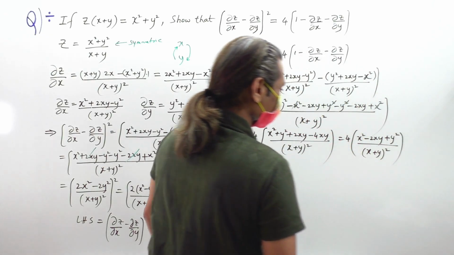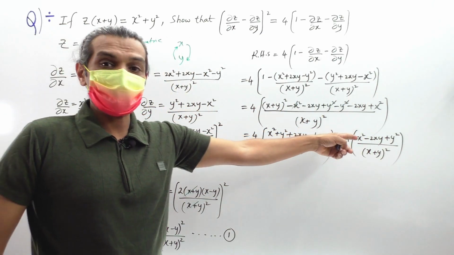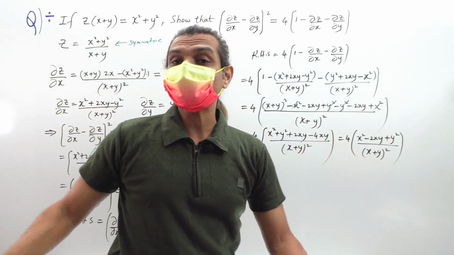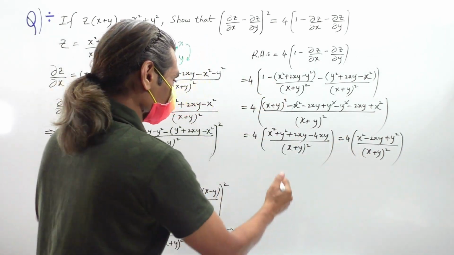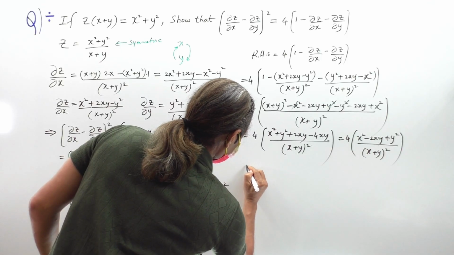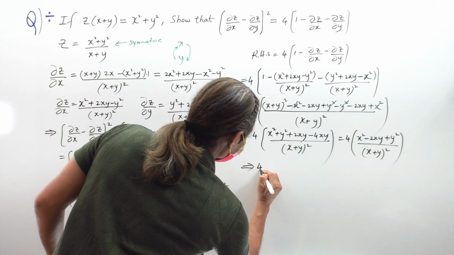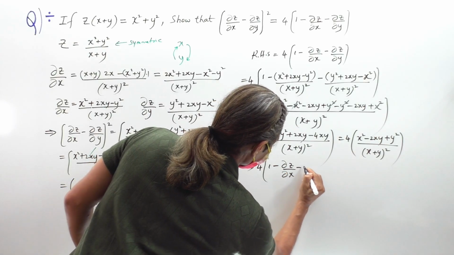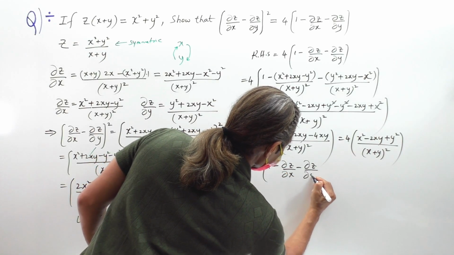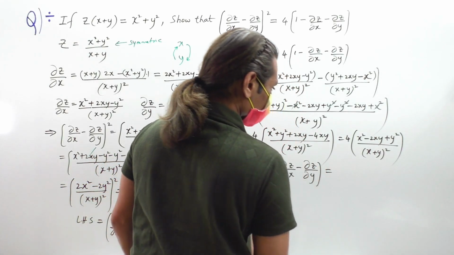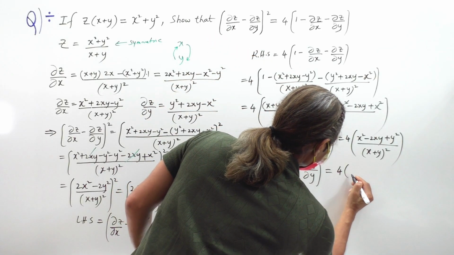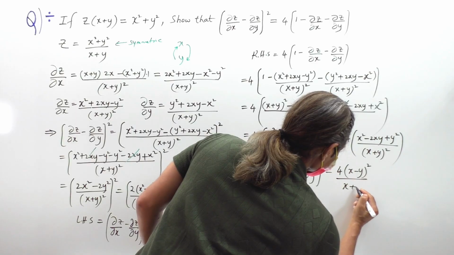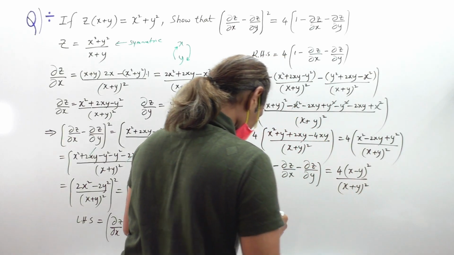Now clearly, a squared minus 2ab plus b squared is (a minus b) the whole squared, or x squared minus 2xy plus y squared is (x minus y) the whole squared. So that implies we get 4 into (1 minus dou z by dou x minus dou z by dou y) equals 4 into (x minus y) the whole squared, whole divided by (x plus y) the whole squared.